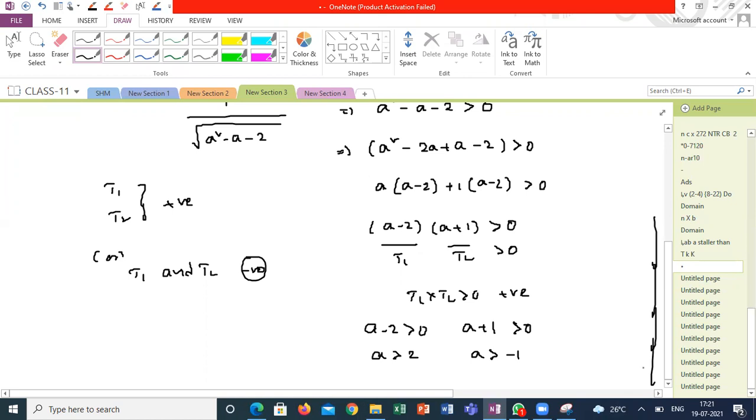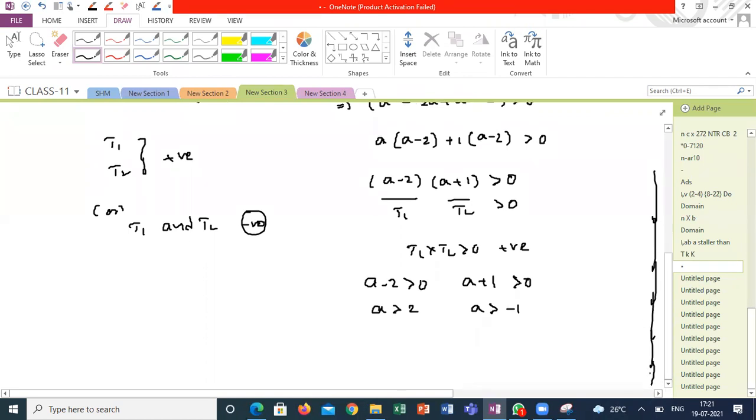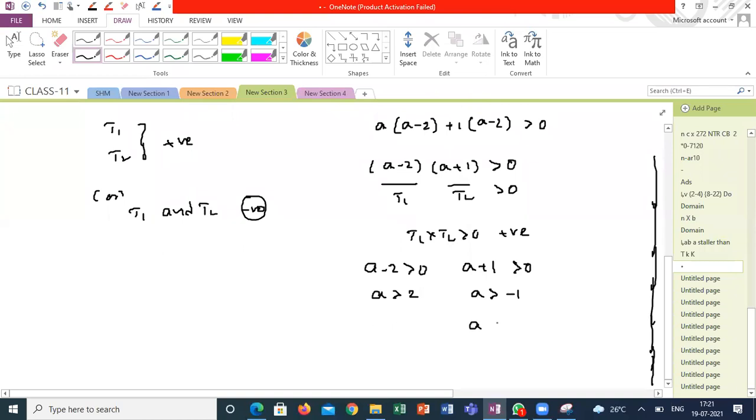A should be greater than 2, because the number is greater than minus 1 and also greater than 2. Which I have to take? This condition satisfies both the conditions, correct? If it is greater than 2, it represents both the conditions.